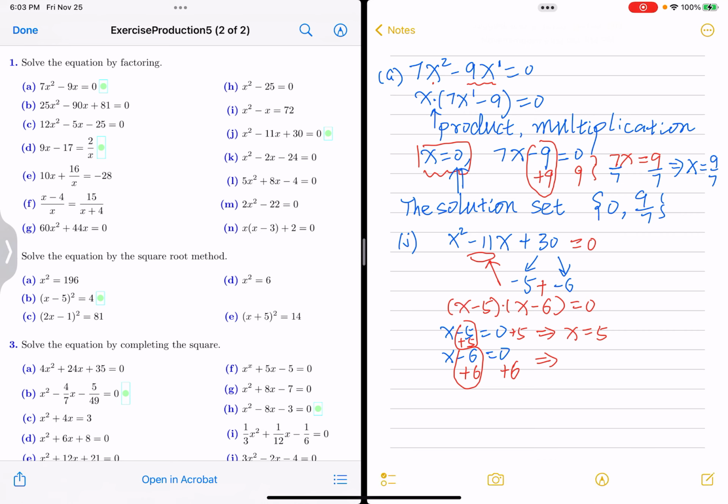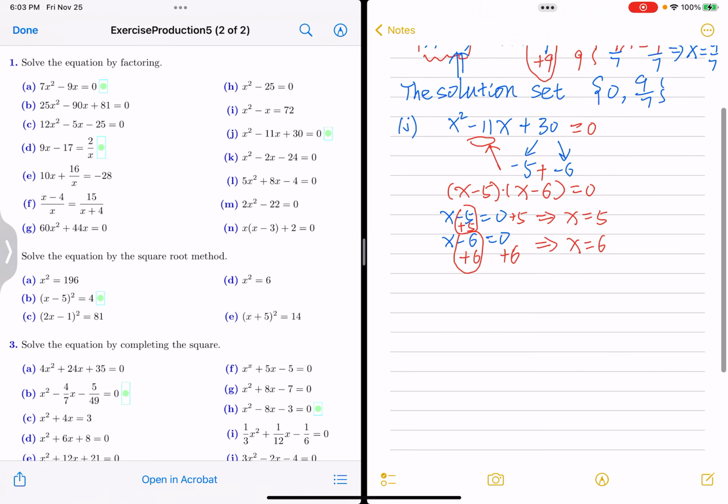So we shall have x equals 6. Then the solution set is two numbers inside, 5, 6. That's it.